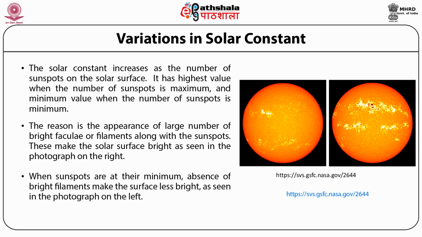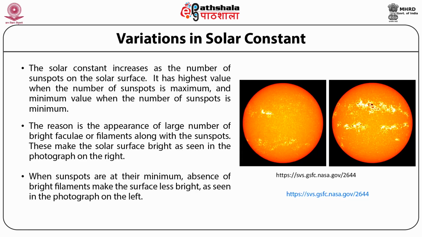the given figure. This image shows photographs of the Sun at minimum, on the left side, and maximum, on the right side, activity. At sunspot maximum, the presence of bright facule makes the Sun brighter than at minimum.